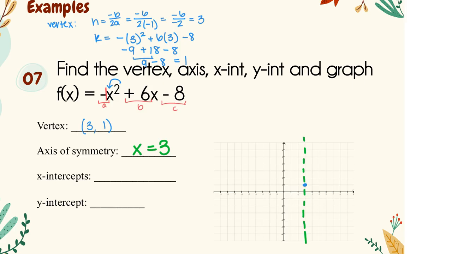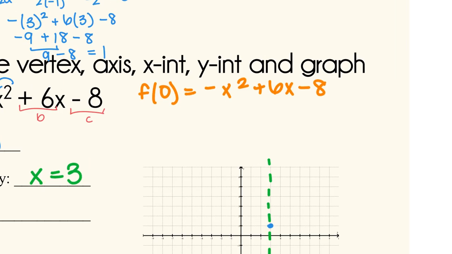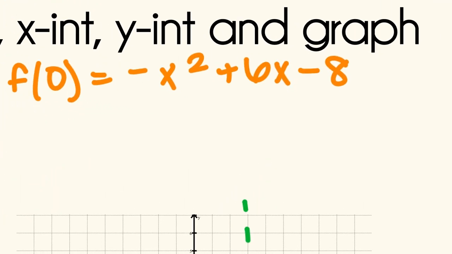Or you could think of it as f of 0 equals -x squared plus 6x minus 8. Okay, so looking at this, I don't like that negative in front, so I'm going to divide everything by -1. And I'm going to have x squared minus 6x plus 8 equals 0.